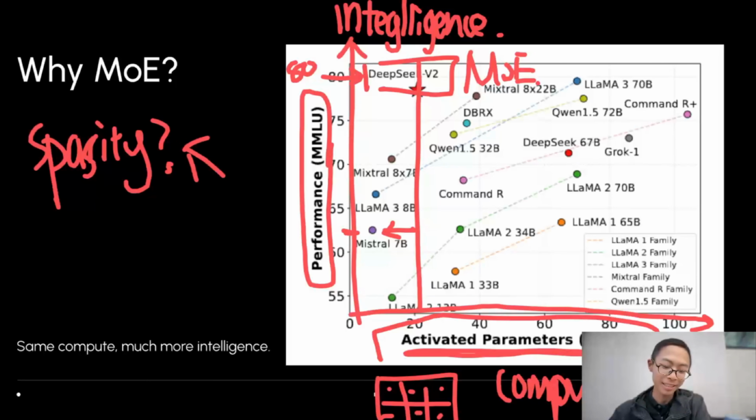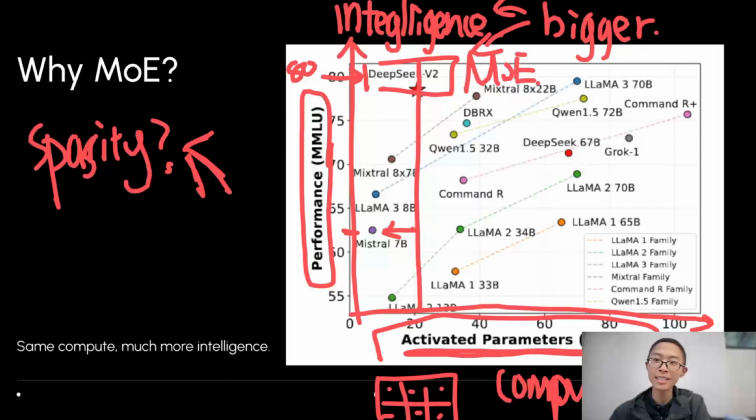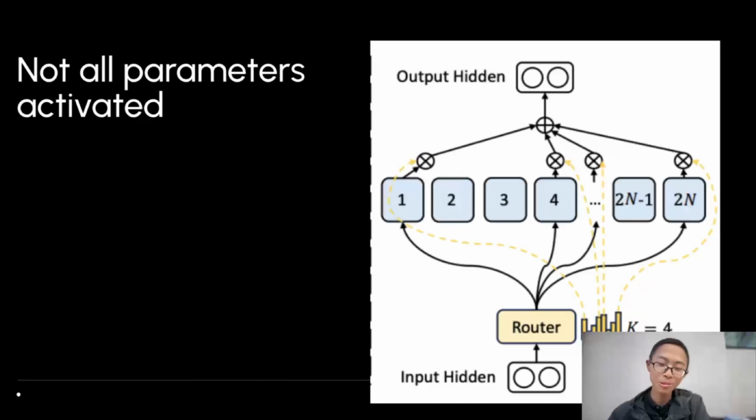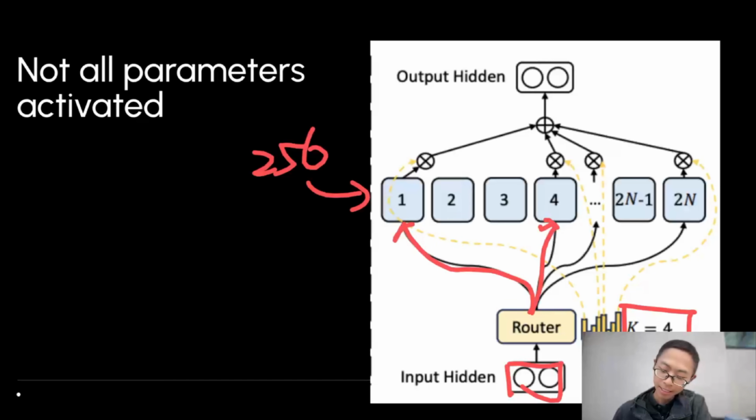Why? Think about it from the perspective of sparsity. It's because DeepSeek is a bigger model. That's why it can achieve better intelligence, but it doesn't need to consume more compute. So bigger brain, but same compute. How does it do it? For each token, we select these four experts, and that's why we don't need that much compute.